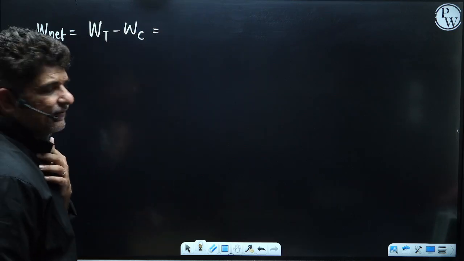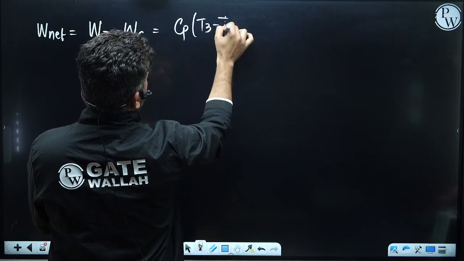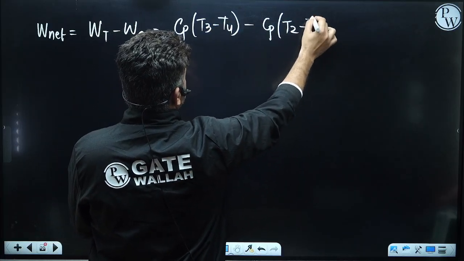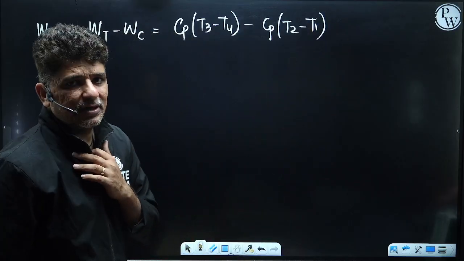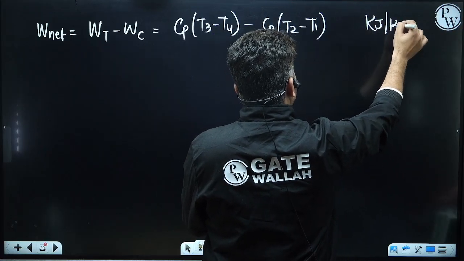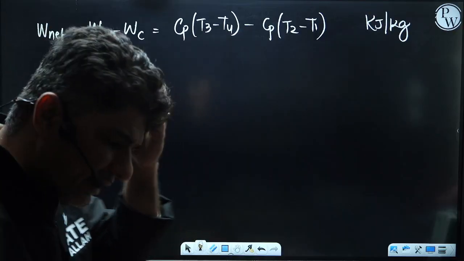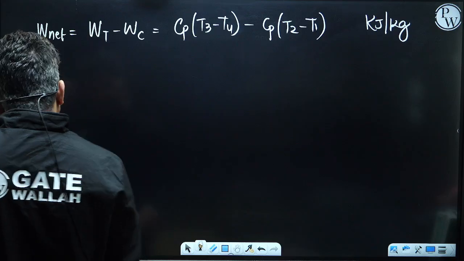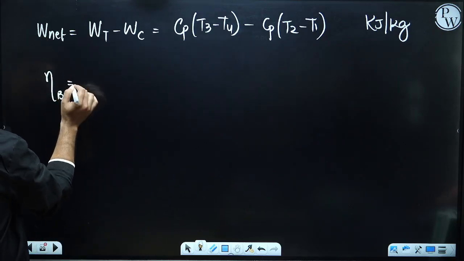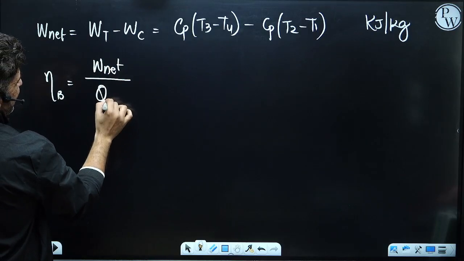The work developed in turbine is Cp (T3 minus T4), minus Cp (T2 minus T1). So this will be the work developed in the cycle, in kilojoules per kg. And when you have to develop the relation for efficiency, the efficiency of Brayton cycle can be defined as W net divided by heat supplied.